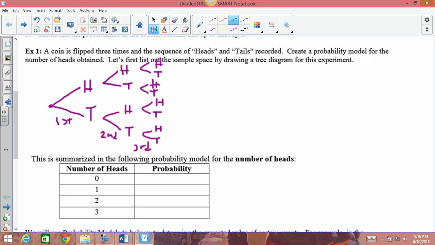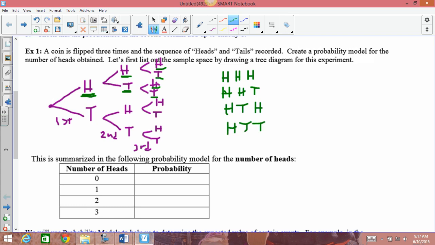Now we go through and I'll list out my sample space. So I can get heads, heads, heads, or I could get heads, heads, tails. Like I said before, read these graphs from left to right like you read a book. Heads, tails, heads, or heads, tails, tails.